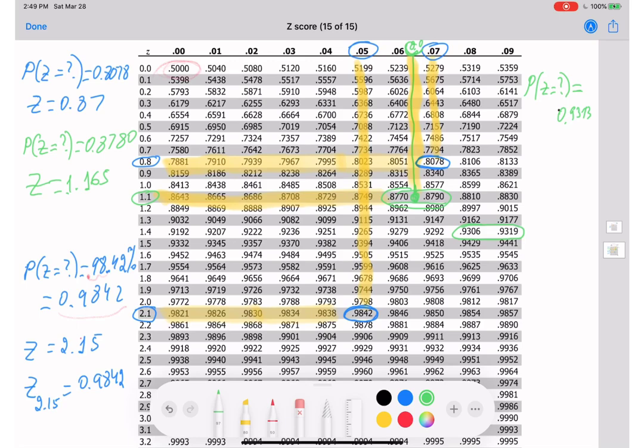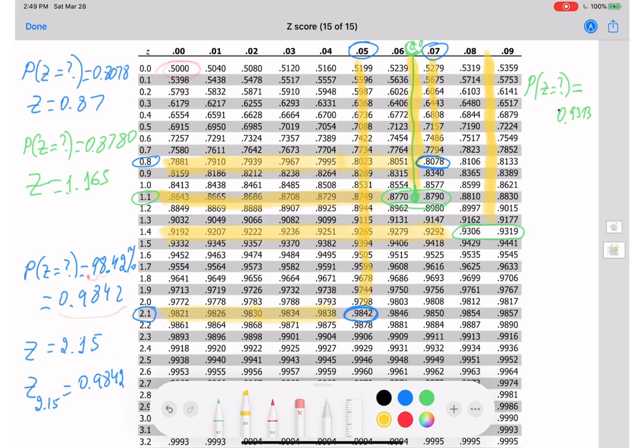So that means it's going to come from here and then from the middle.